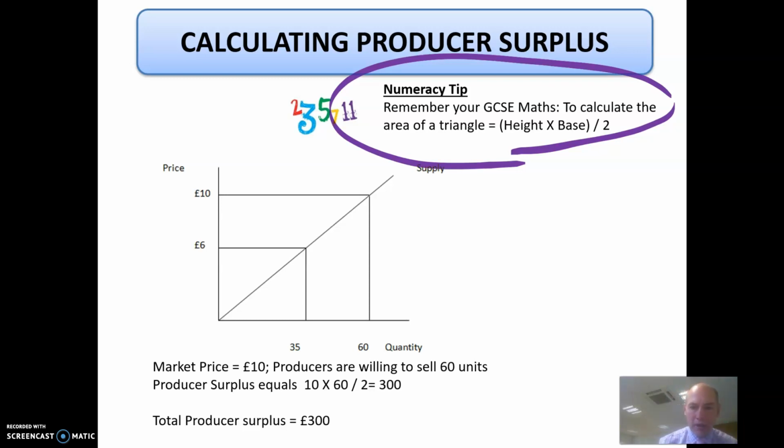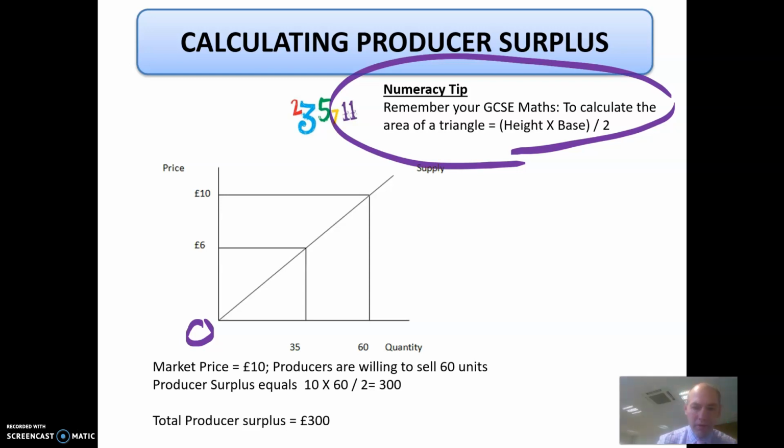Okay, if you look at this instance, we only talked last week, actually you wouldn't normally see a supply curve like this, so this is a bad example. I've stolen it from somewhere. Please make note, it is a bad example. Market price in this instance is £10. Producers willing to sell 60.